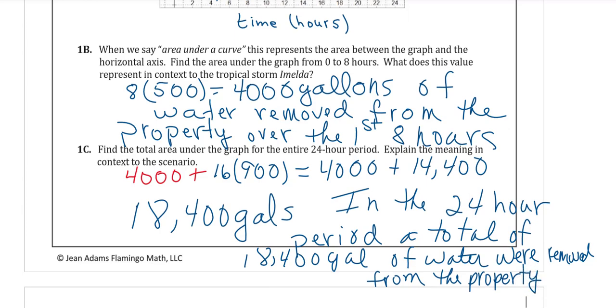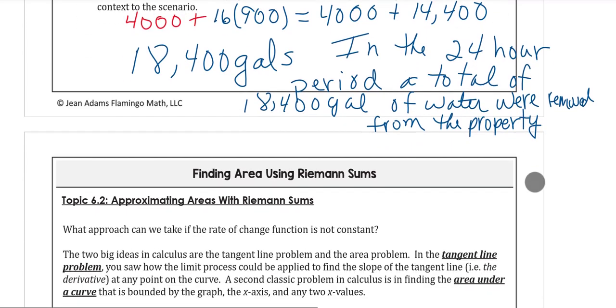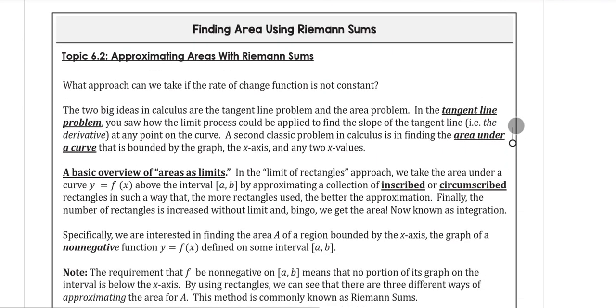Okay. Hopefully many of you remember that from last year in pre-calculus. So another way to do it, if we don't have nice areas that we can make shapes of, like rectangles and triangles and trapezoids, we want to use something called Riemann sums.